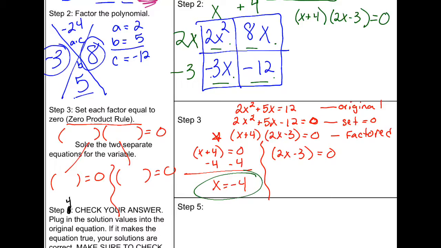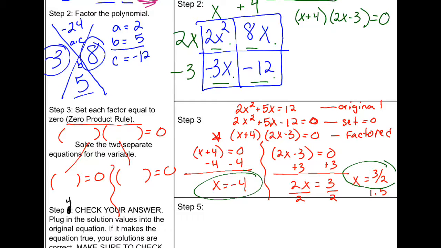On the other side, for 2x minus 3 equal to 0, I'm going to add 3, which gives me 2x is equal to positive 3. Then I'm going to divide by 2, which gives me x is equal to 3 halves, or you can also say x is equal to 1.5. And that is my second solution.